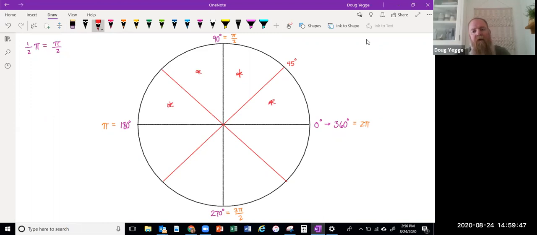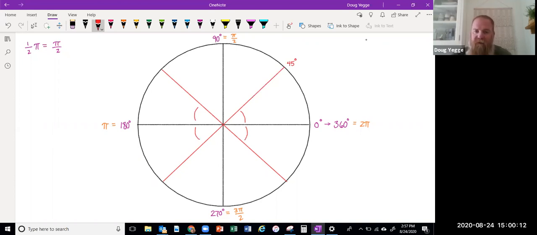So if we move our way around this circle, we can fill in what the 45-degree reference angles are in every quadrant. Because remember that a reference angle is always based off of its proximity to the x-axis. So this is 45 degrees, this is 45 degrees, but this is also 45 degrees, and that's also 45 degrees. So these are all of our reference angles.